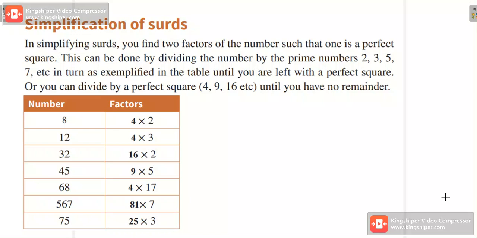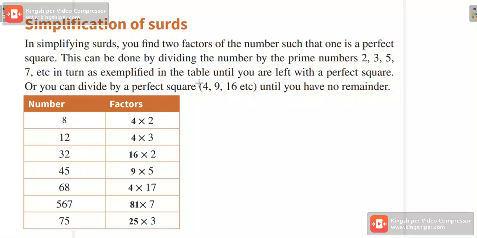This can be done by dividing the number by the prime numbers 2, 3, 5, 7, and so on, as exemplified in the table, until you are left with a perfect square, or you divide by a perfect square, 4, 9, 16, etc., until you have no remainder.